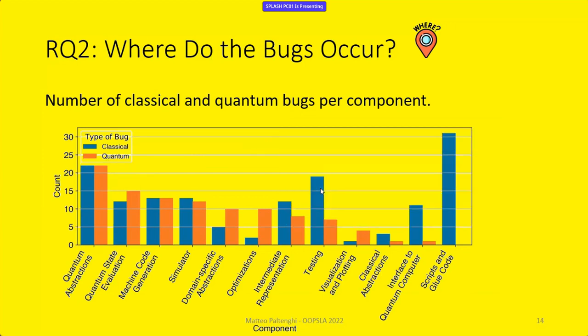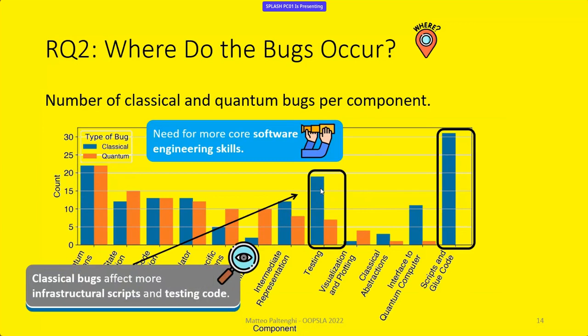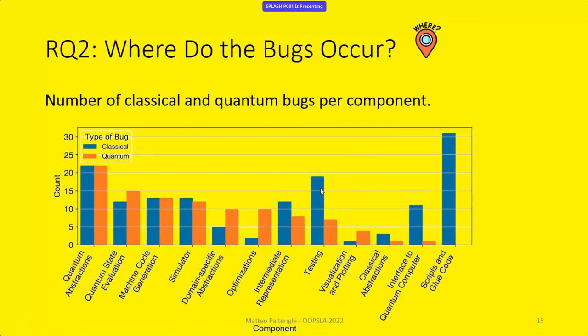Then another observation that we can derive from this diagram is that we have these two other components which are traditional, and they are affected mostly by classical bugs. And here, the insight that we gather is that perhaps in this field, where not all experts are software engineers by training, there might be the need for more core software engineering skills, or maybe better support from the community on this side.